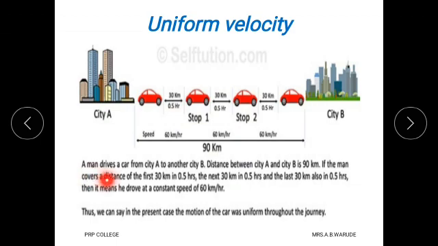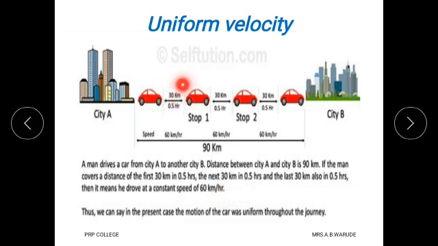Here a man drives a car from city A to city B, and the distance between city A and city B is 90 km. But if the man covers a distance of the first 30 km in 0.5 hours, that means half an hour, the next 30 km again in half an hour, and the last 30 km also in half an hour, then it means that he drove at a constant speed of 60 km per hour.